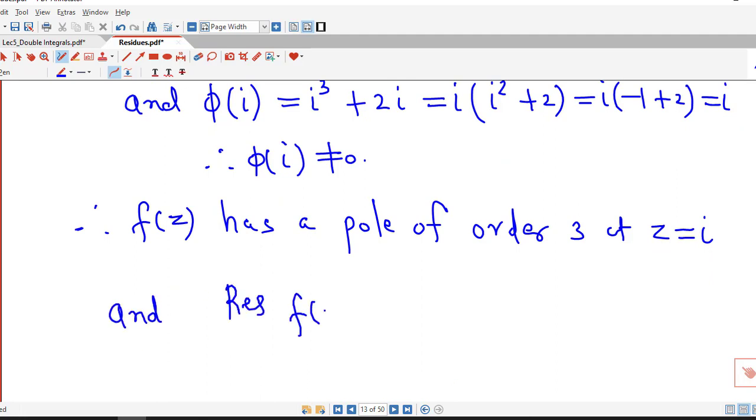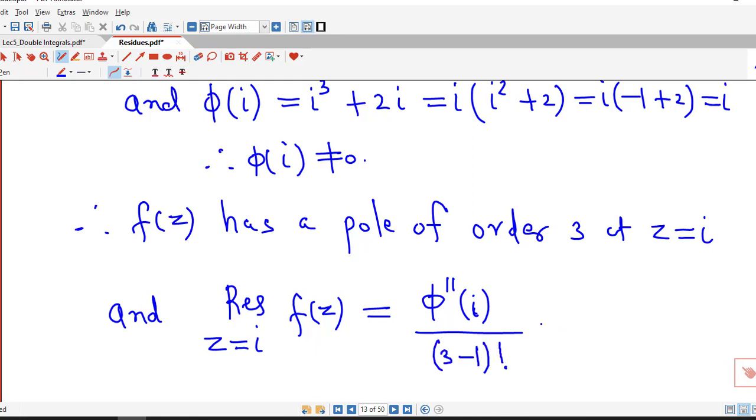And the residue of f of z at z equal to i is given by the value of the second derivative of the function phi at z equal to i divided by 3 minus 1 factorial. So that means the value of the second derivative of phi at point i divided by 2 factorial.